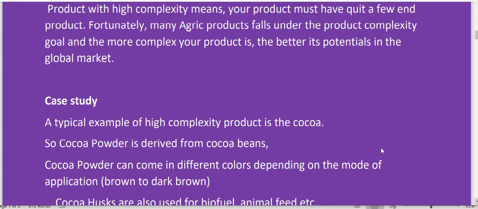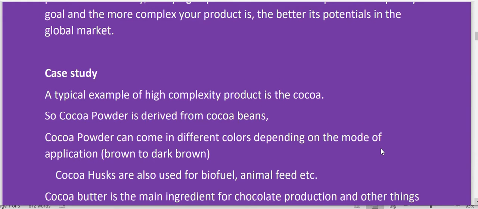So a typical example of a high complexity product is the cocoa bean.